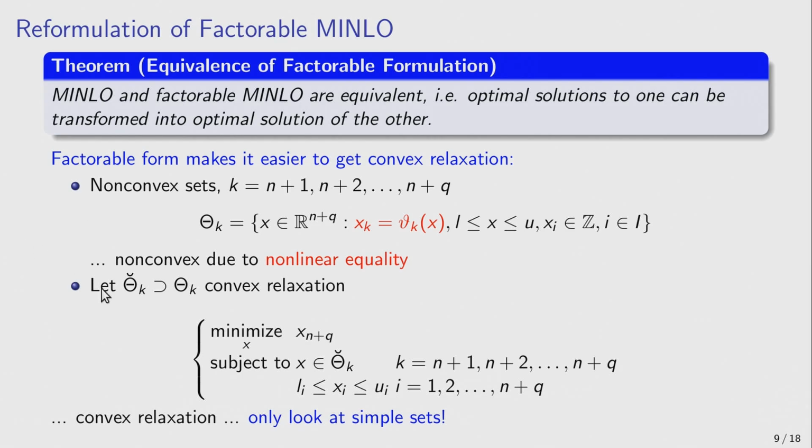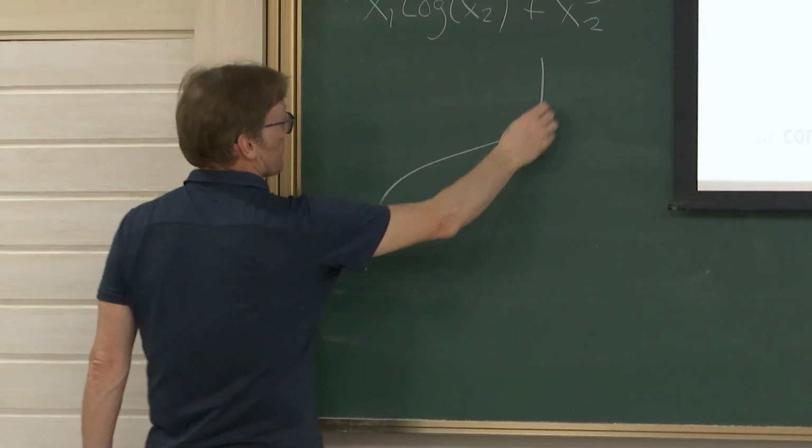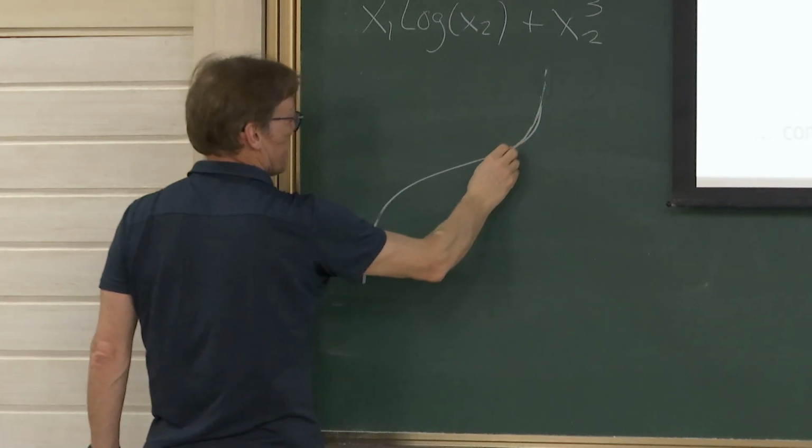And now the way to get convex relaxations is really easy, because now I just need to relax each of these individual sets. And so I do that by putting this little hash mark on top. I need to, symbolically, do this. And then I have a convex relaxation. So now if I have a function, x2 cubed, for example, that's a non-convex nonlinear function.